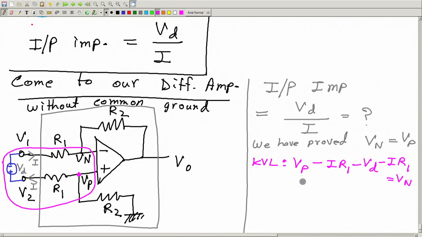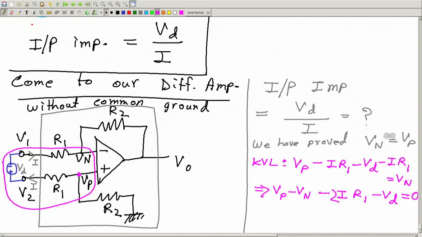So from this we can write that Vp, let me bring Vn to the left side, minus Vn minus IR1, there are two IR1, so let me write 2 IR1 minus Vd, this is going to be equal to 0, right?